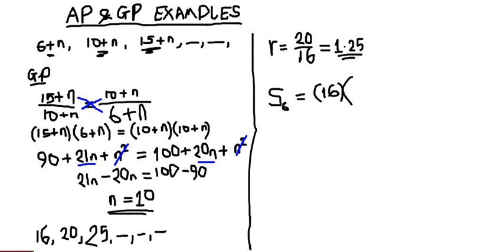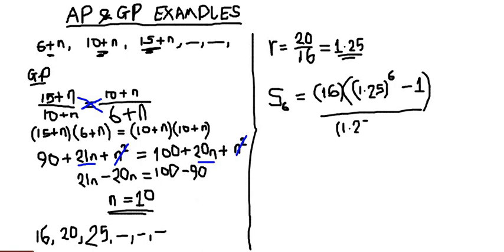Our first term is 16, which is a. Then r to the power n, which means 1.25 to the power n. n is 6, the number of terms, and then minus 1. This over r, the common ratio, which is 1.25, minus 1.